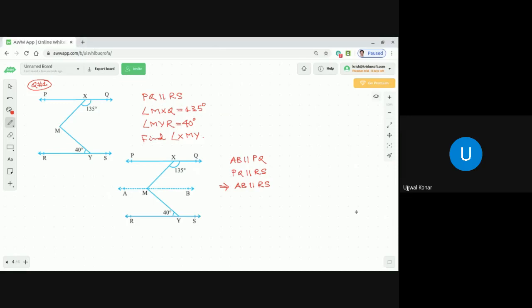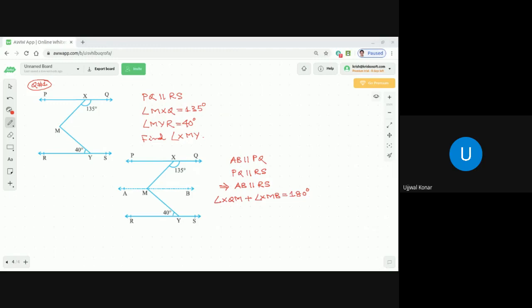Now from here, dear students, angle XMB plus the angle at X is equal to 180 degrees, correct?